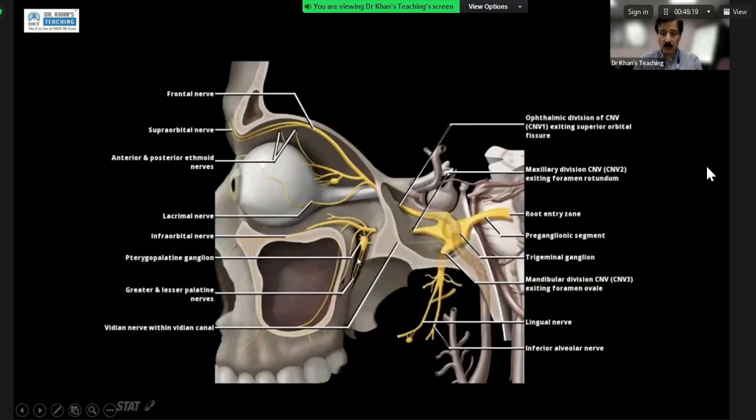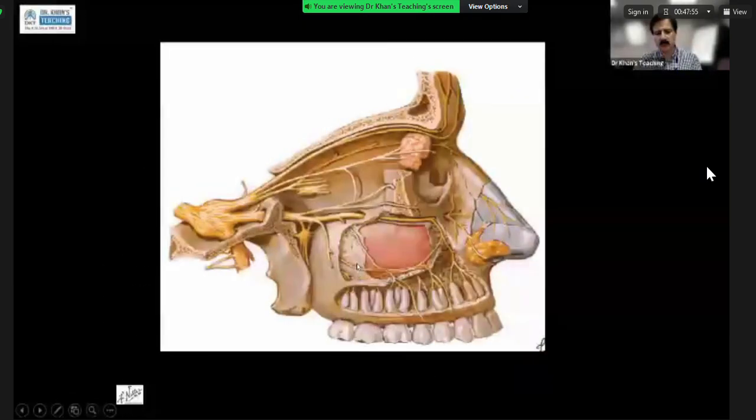Pterygopalatine fossa has got connections. Where are the connections? With the orbit, through the fissure, and then through the middle cranial fossa, through foramen rotundum, as well as Vidian canal. Laterally, it opens into the nasopharyngeal masticator space.